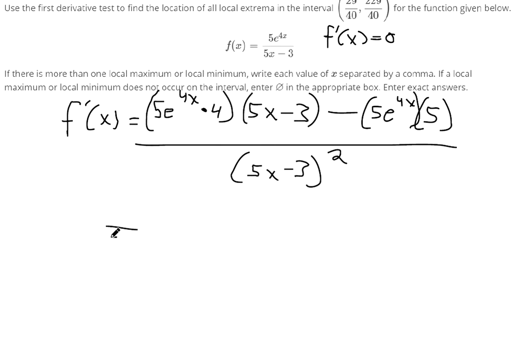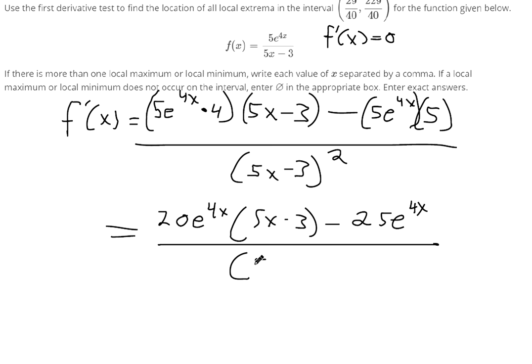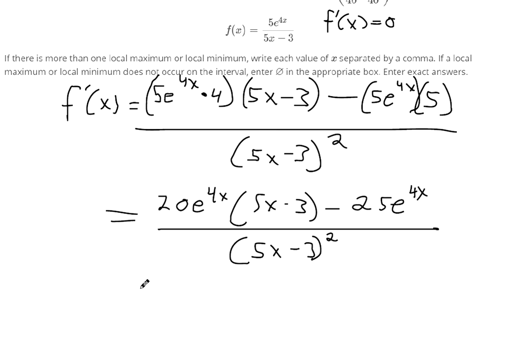So we've got to clean that up a little bit. And then here, 5 times 5 makes 25. And then in the numerator, we can factor out a 5 and an e to the 4x. So that'll make our lives a little bit easier.